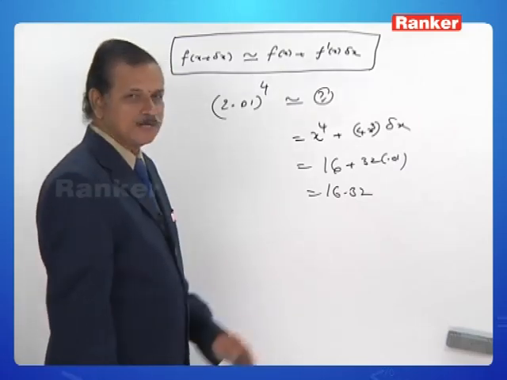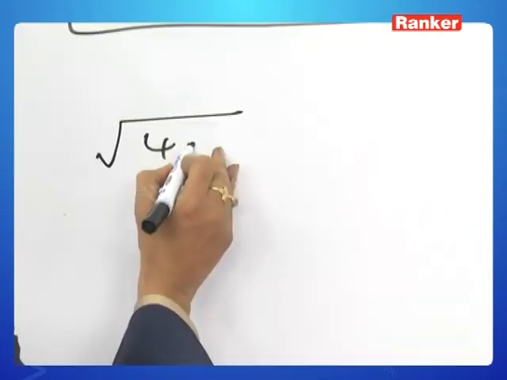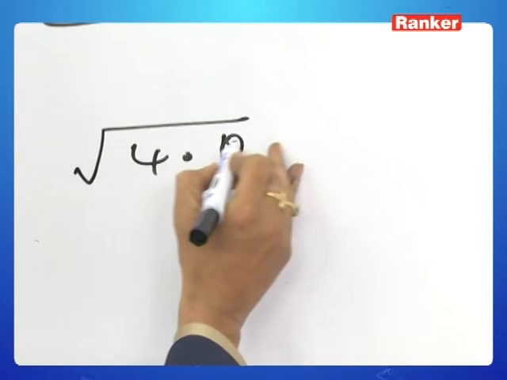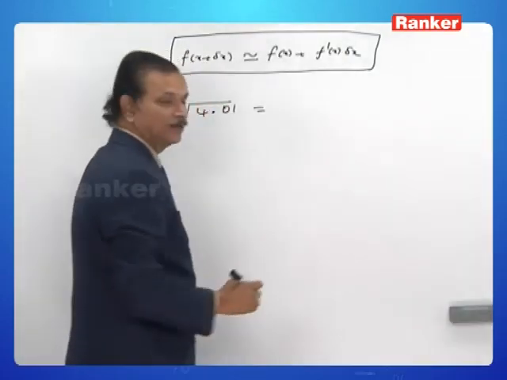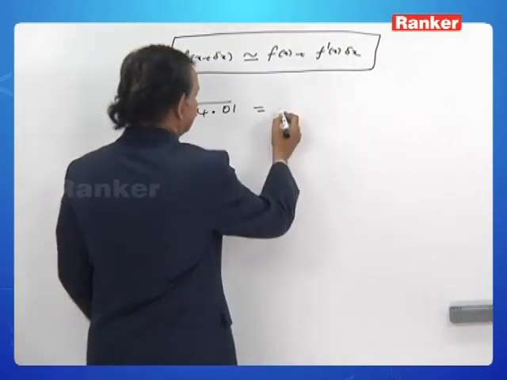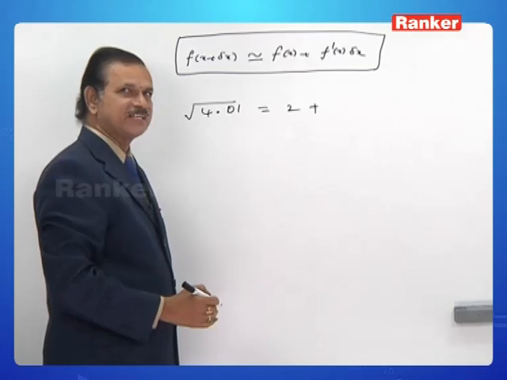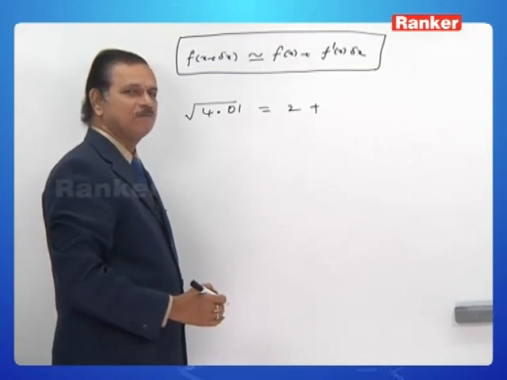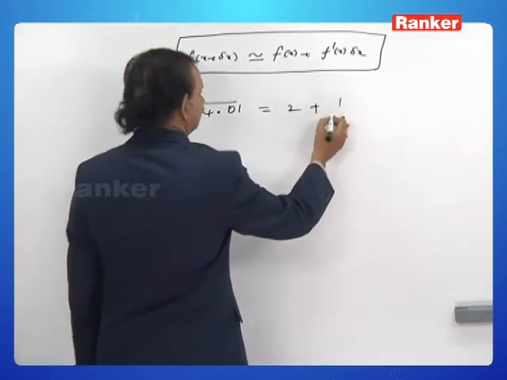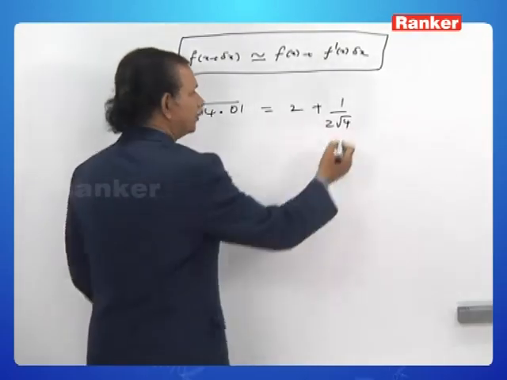Let me now calculate one more such thing. What is the square root of 4.01? How does it look? Root x, root 4, which is 2, plus... f of x is root x in our mind. What is its derivative? 1 by 2 root x, into delta x.